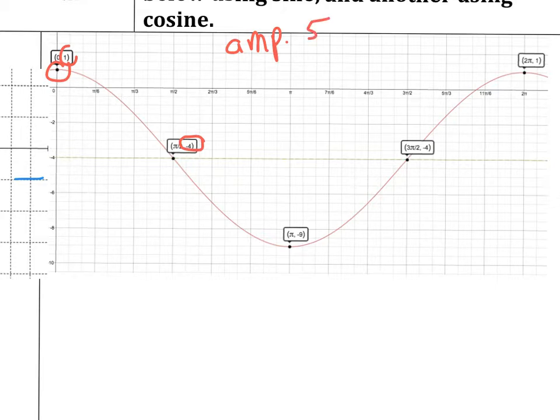It's going to be 5. My period, going from 0 to 2 pi peak to peak, is 2 pi, so I know that b times the period is equal to 2 pi, and in this case the period is 2 pi, so b equals 1.